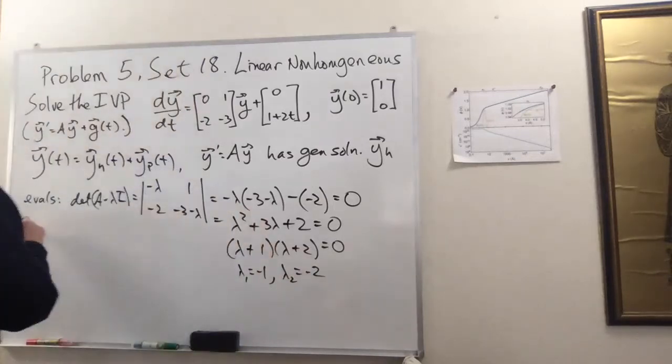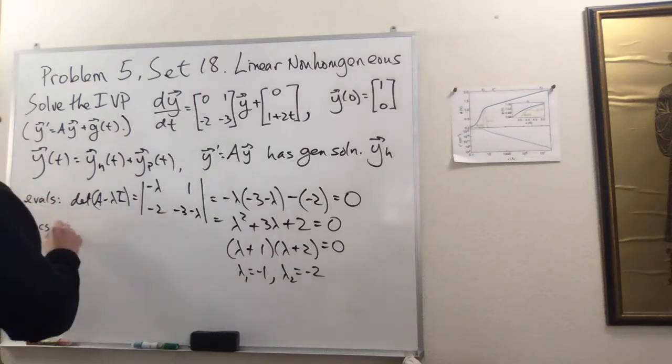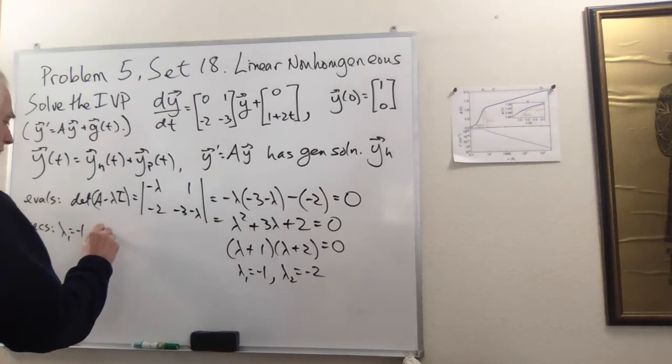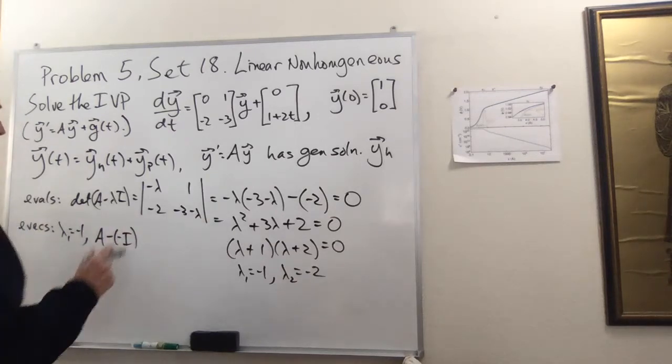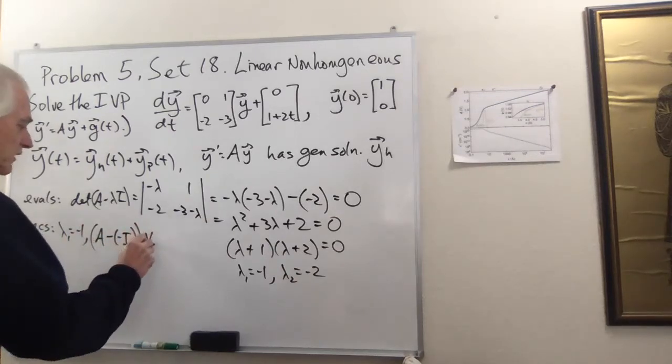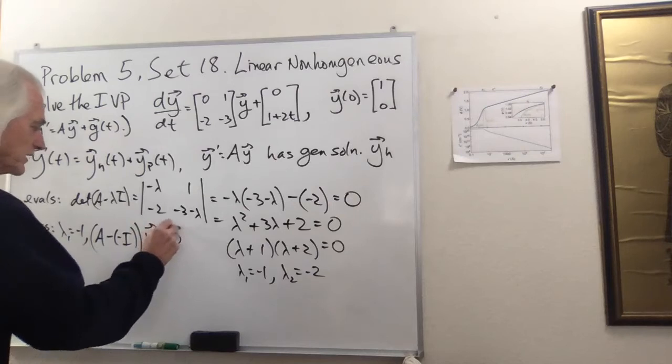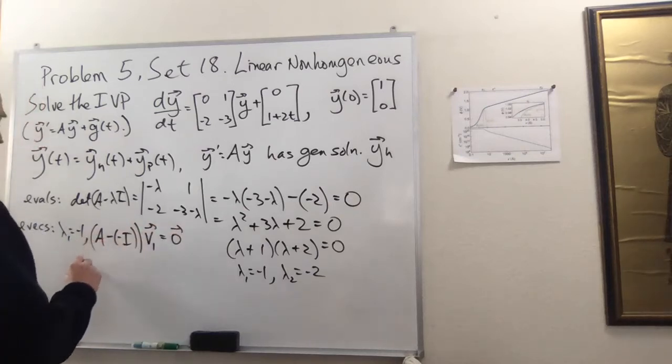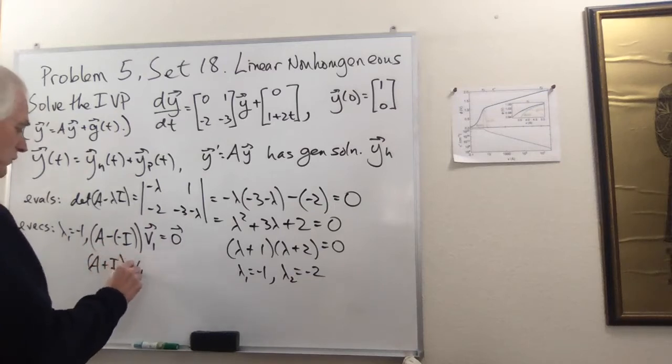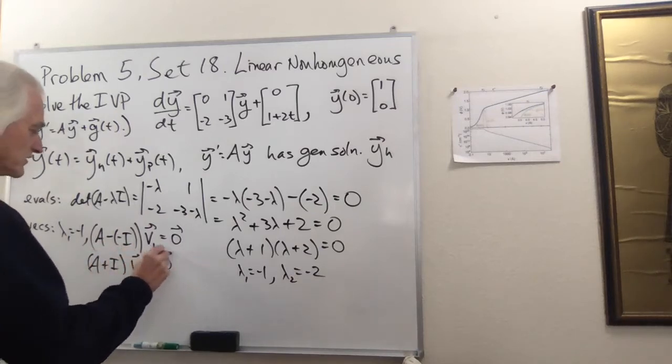So now we find the eigenvectors. For lambda 1 equals negative 1, we have A minus negative I times V1 has got to be 0. In other words, A plus I times V1 is the 0 vector.